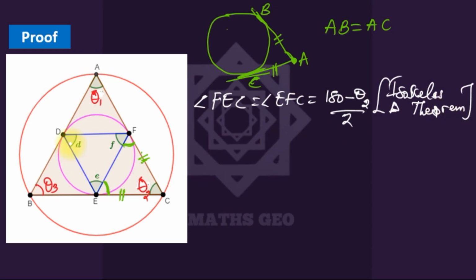Looking at this, you can still see that this angle, okay, let's use different ink. You can see that this angle and these are equal because this is an isosceles triangle.